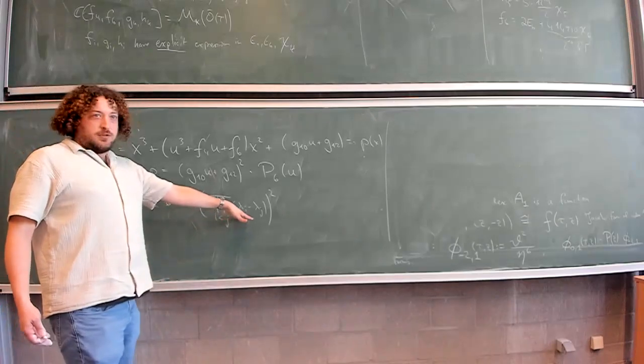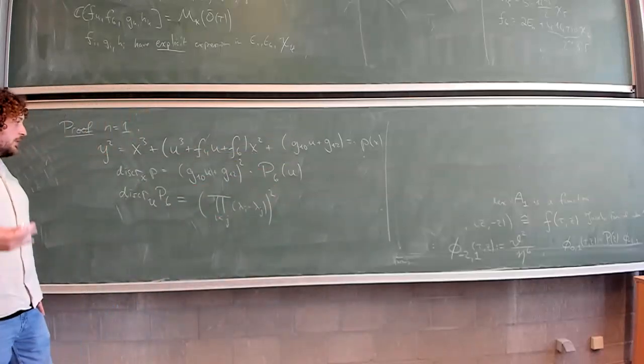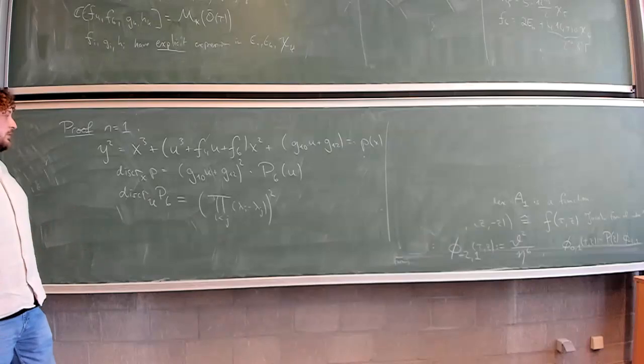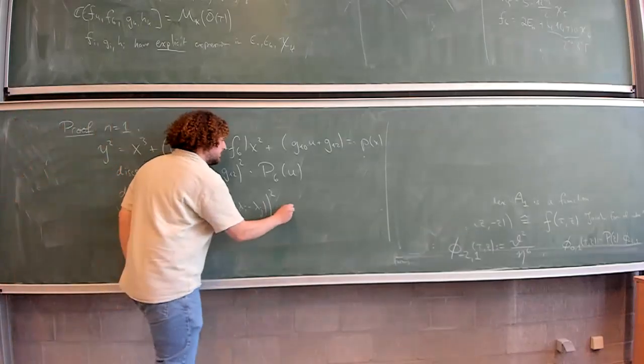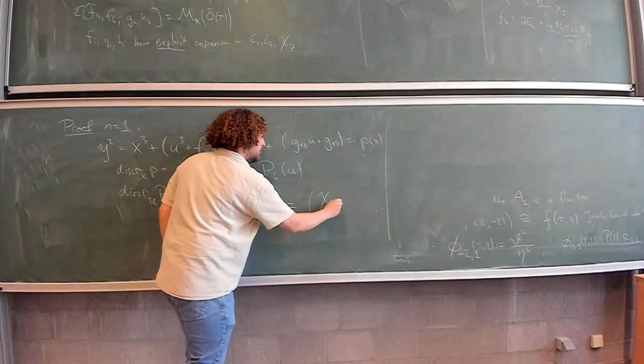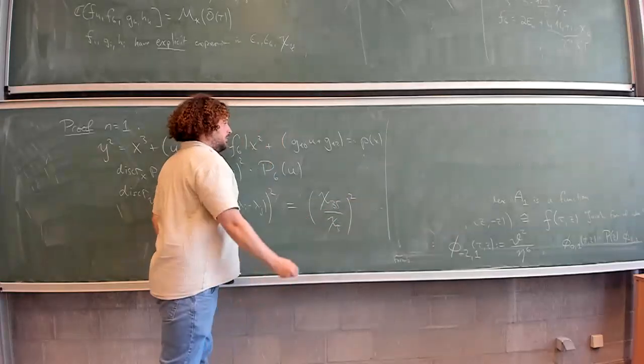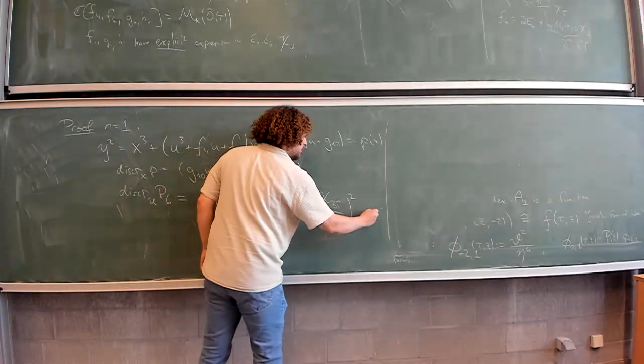I know I can take a square root, but the result is no longer in this form. And from the known structure of Siegel modular forms, you can figure out that this has to be the following function up to a constant.